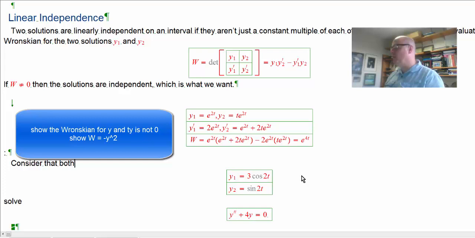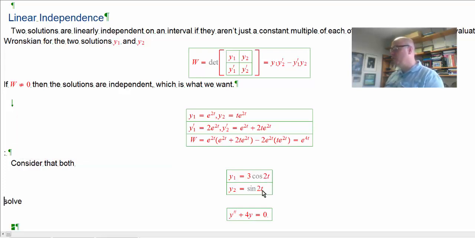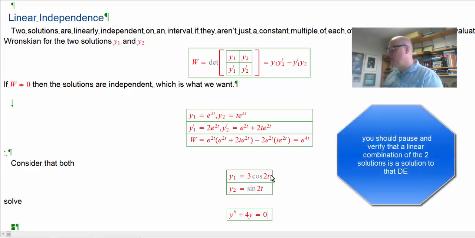Let's do an example where it's not as immediately obvious. Here are two solutions: 3 cos 2t and sine 2t. Those are both solutions to this linear second order constant coefficient differential equation, and you can verify that on your own. Differentiate both of these twice, get y1 double prime, sub it in here, plus 4 times y1, and you'll get 0.